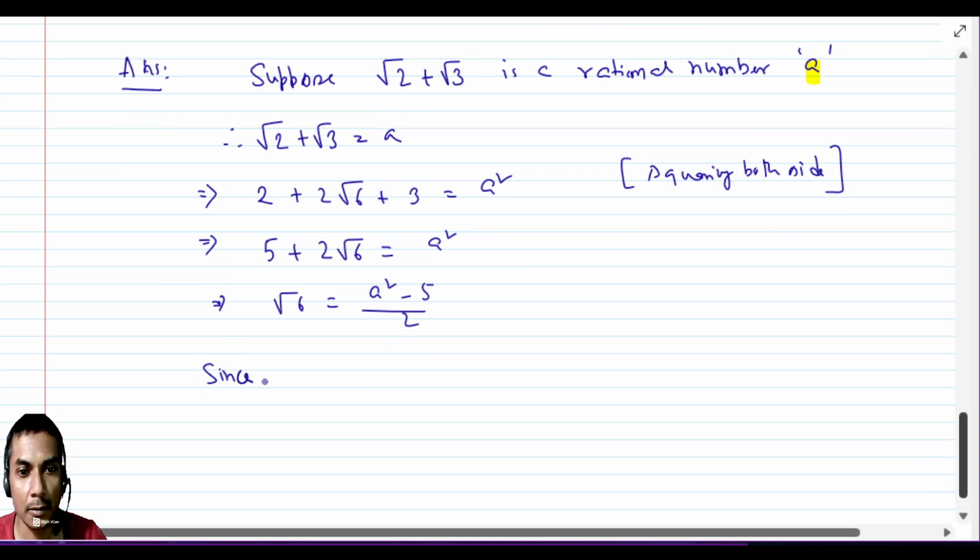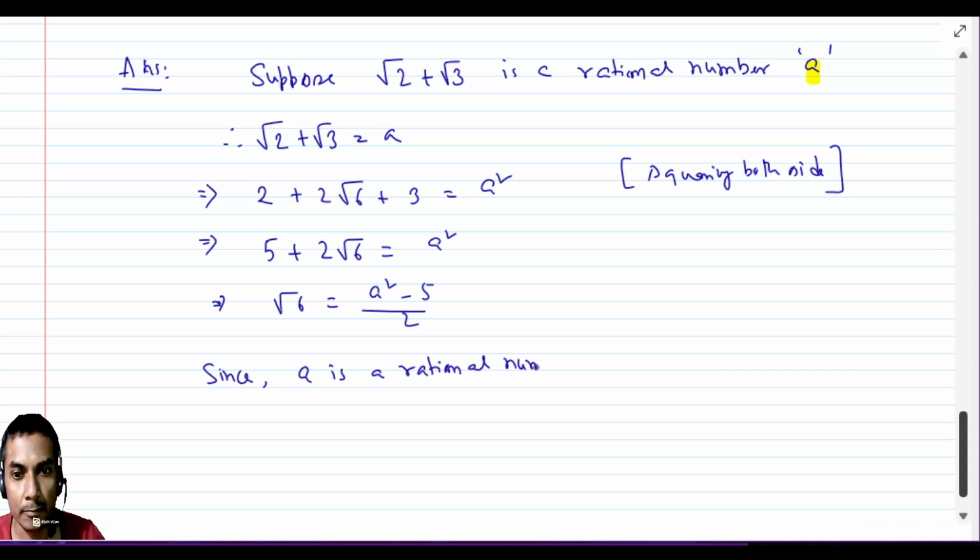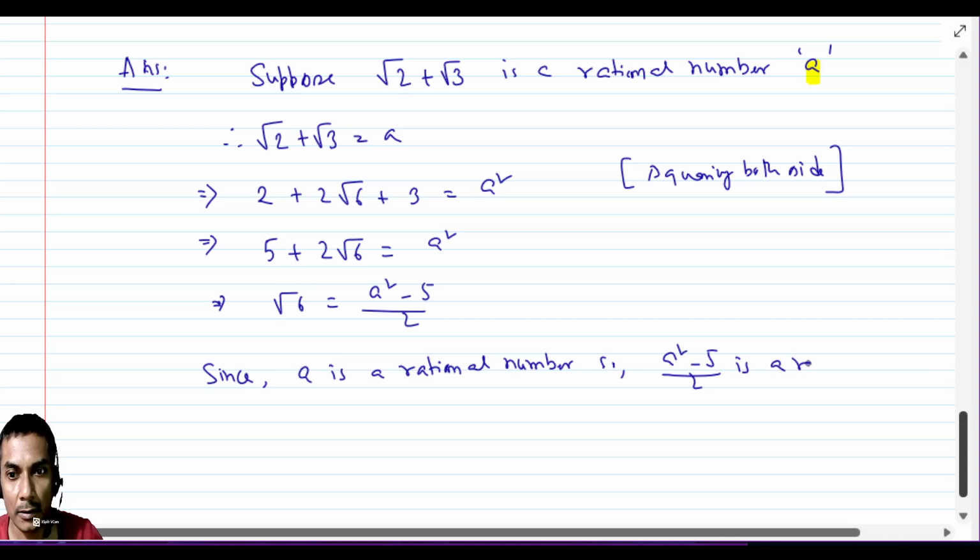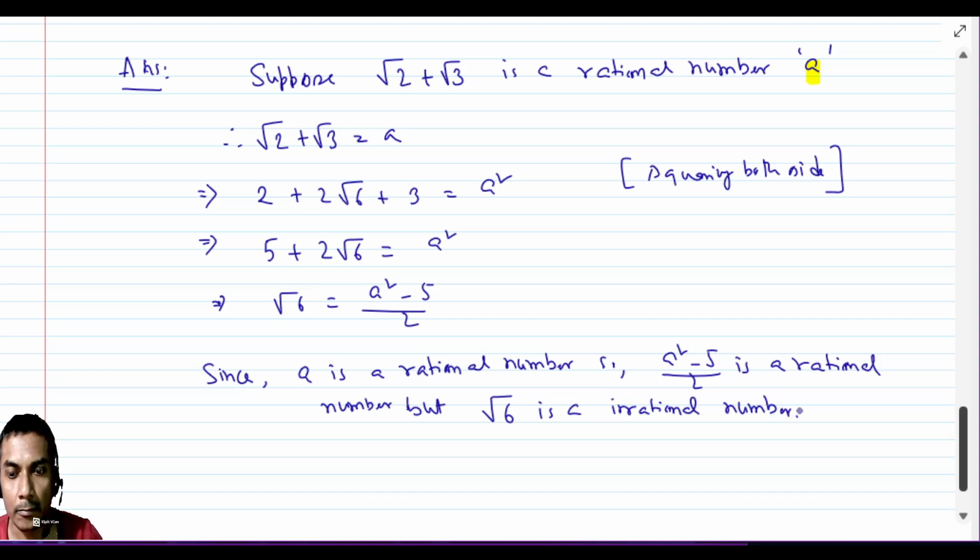Since a is a rational number, so a square minus 5 by 2 is rational, but root 6 is an irrational number. You already know.